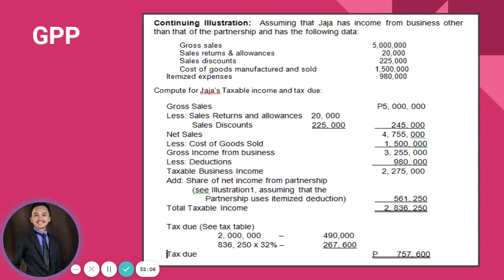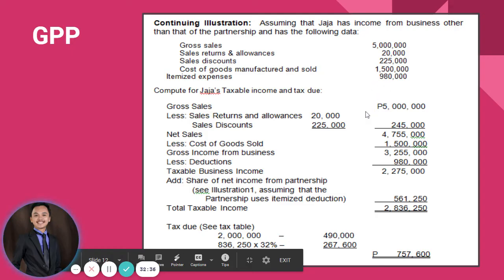So again, general rule, if the partner has other business income other than that of the partnership, then the partner can still use either optional standard deduction or itemized deduction. Okay? So we have here, for example, gross sales of 5 million, sales returns and allowances of 20, sales discounts of 225, cost of goods sold manufactured and sold of 1.5 million, and itemized expenses of 980,000.